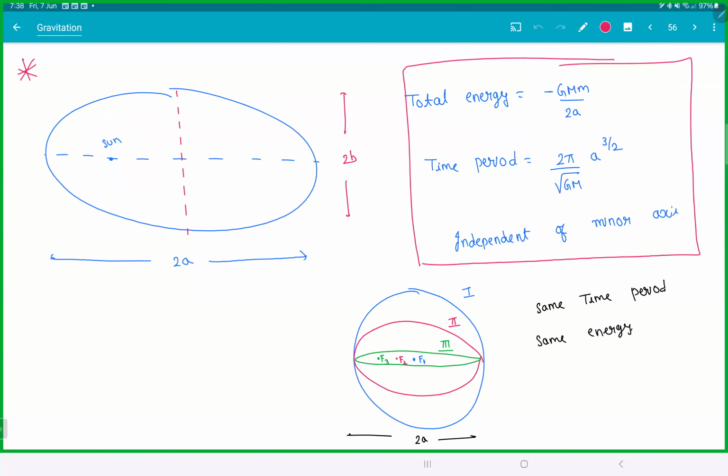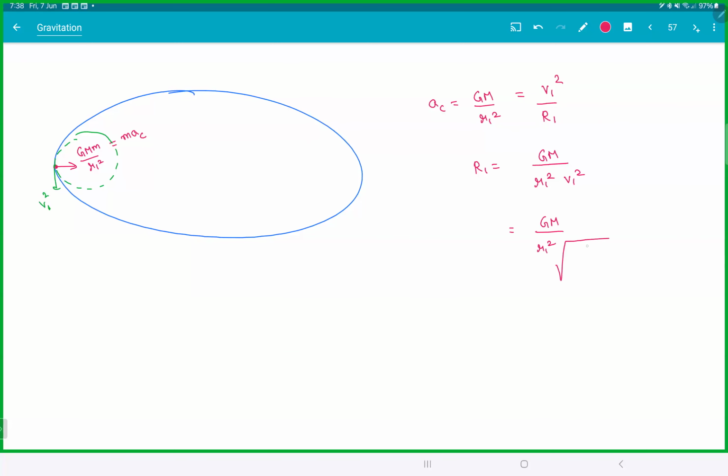2GM r2 by r1. I wrote it wrong now. v1 square by GM r1 square.